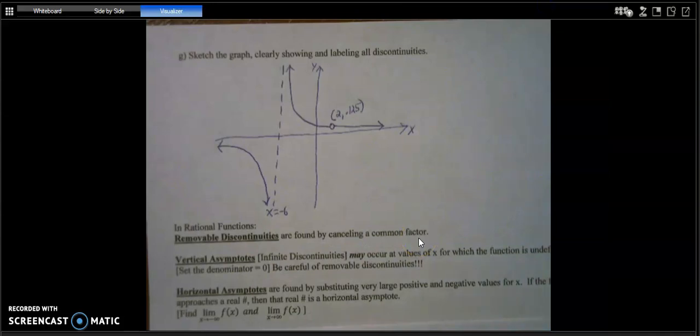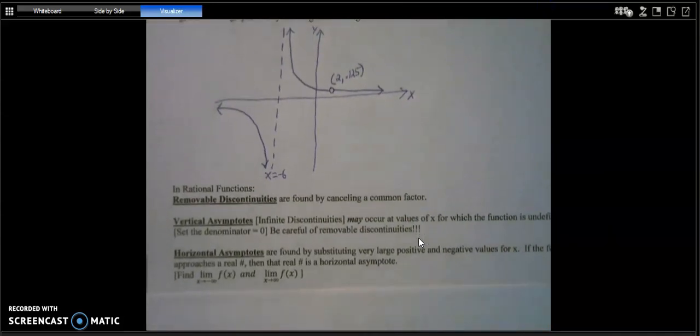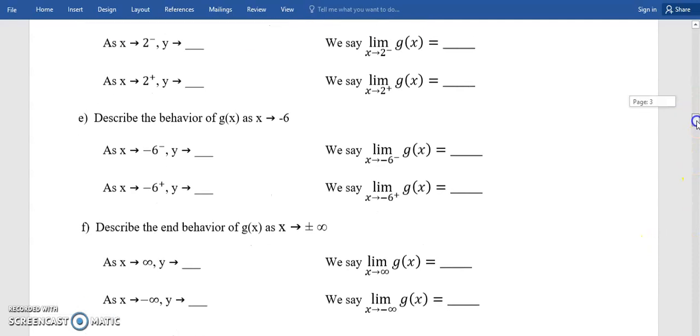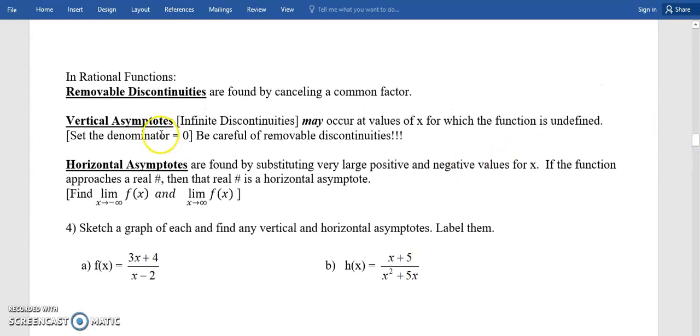And then if we look at rational functions, remember that removable discontinuities are always found by canceling a common factor. Vertical asymptotes, or infinite discontinuities, may occur at values of x for which the function is undefined.